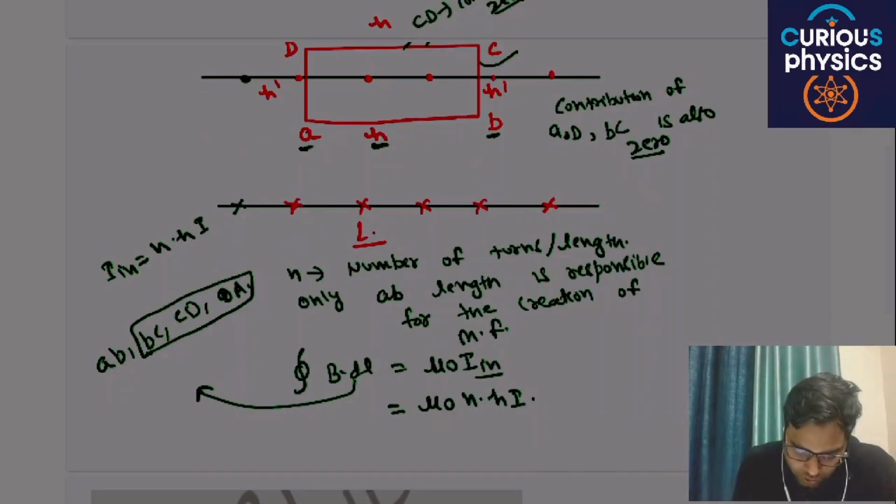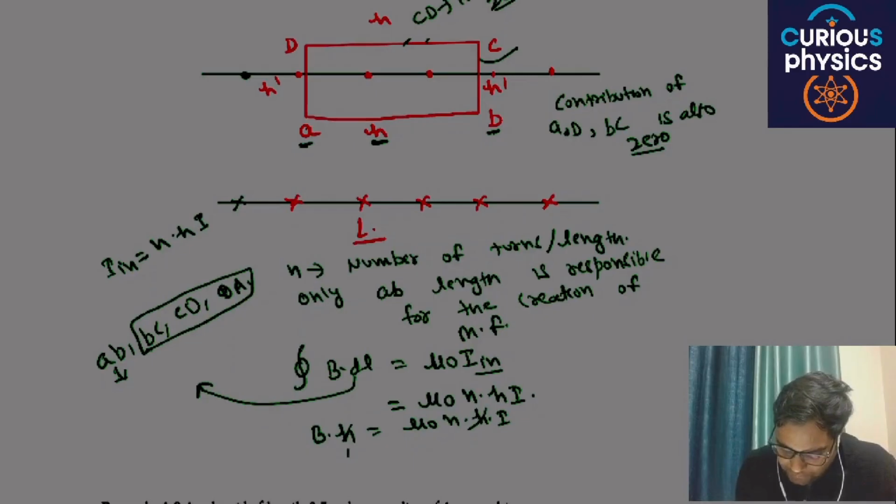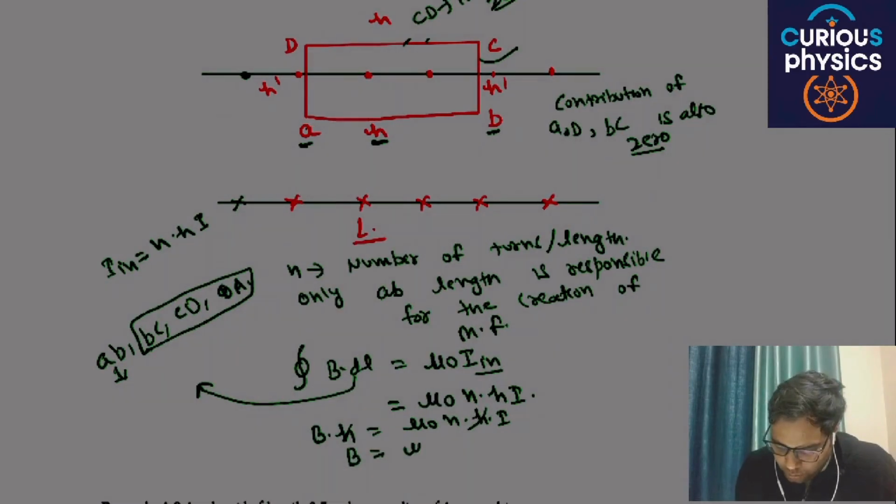Only the contribution of AB will be there, so the value of dl will be AB. So B into h is equal to mu naught n into h into I. The h and h will cancel each other, and you will get the value of the magnetic field inside the solenoid as mu naught n into I.